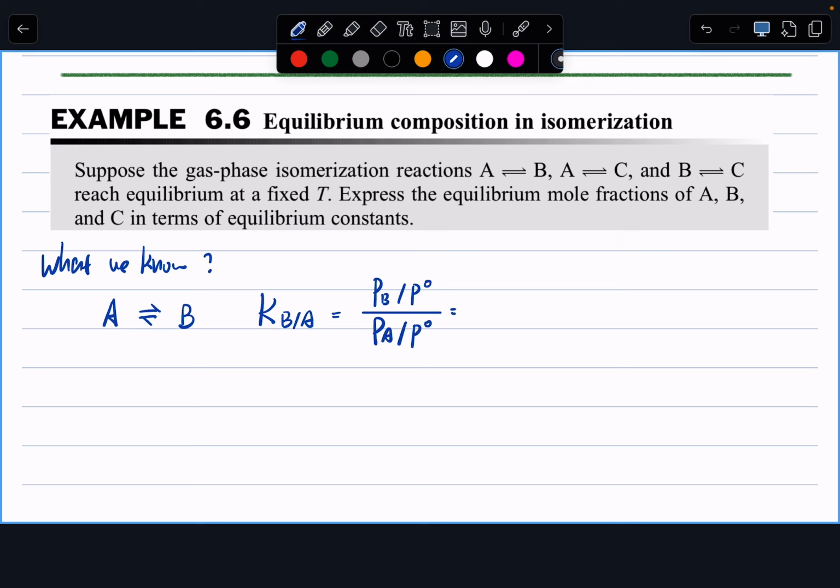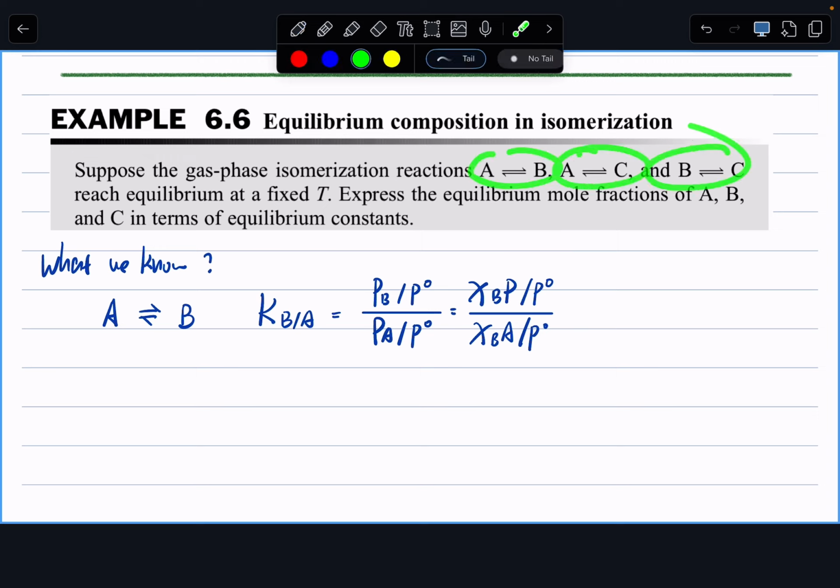For ideal gas mixtures, P_B and P_A equal chi_B P and chi_A P, each over P naught. The stoichiometric numbers are exactly the same for the equilibrium constants given in the problem, so we can replace it to say 2A goes to B or 2C goes to A, etc.